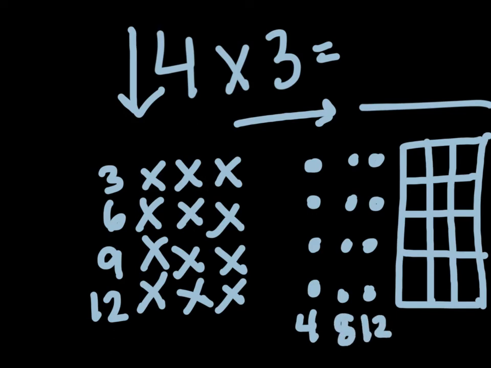Or you can count each dot individually, which would be 1, 2, 3, 4, 5, 6, 7, 8, 9, 10, 11, 12. No matter how I solve by counting, I'm going to get a product of 12 anyway. The great thing about an array is if you're not sure you have the right answer, you can always go back and check by counting your dots, your squares, or your X's to make sure that you do in fact have the correct answer.